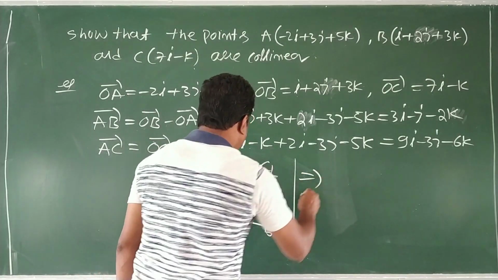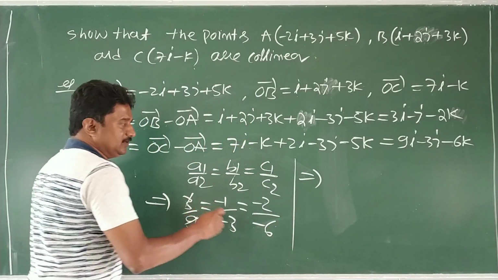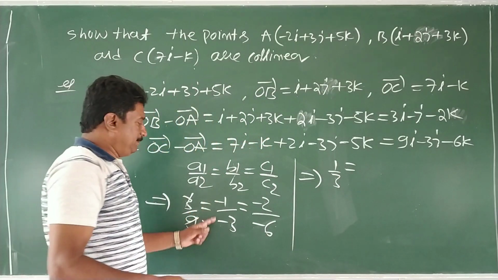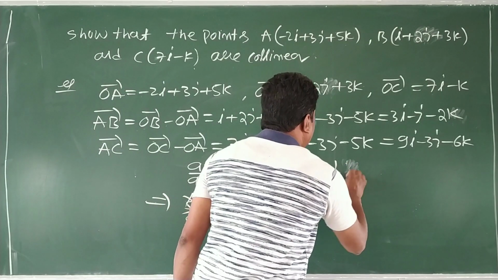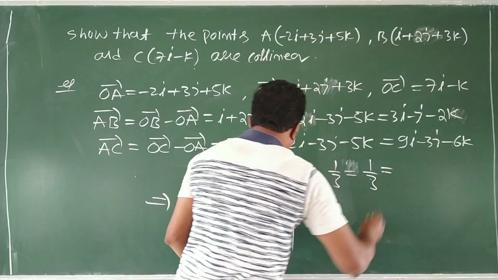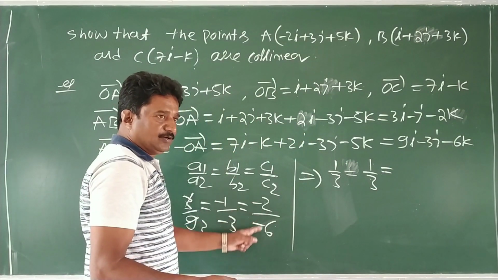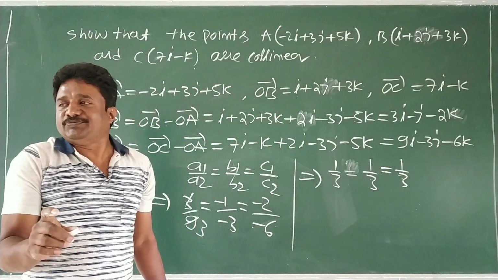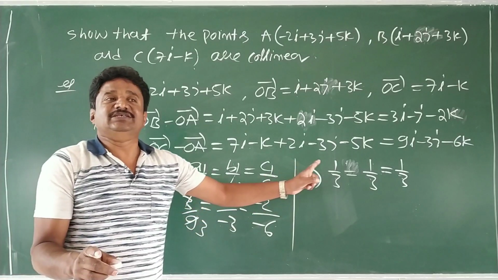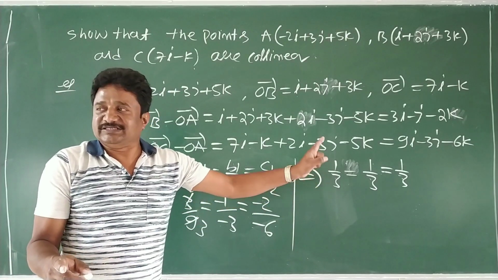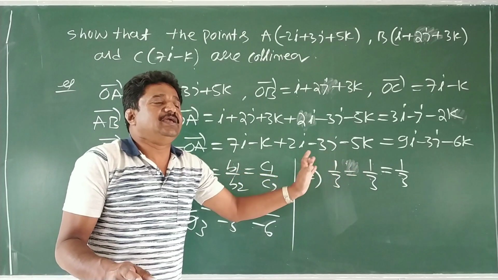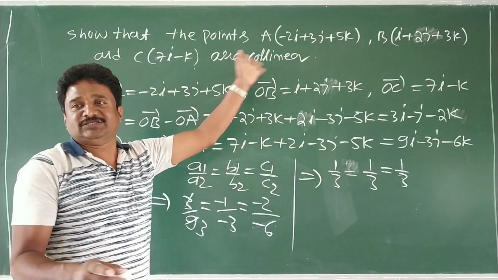So that implies 1 by 3 is equal to 1 by 3 is equal to 1 by 3. Is the condition satisfied? Yes, the condition is satisfied. What does it mean? DRs are proportional, which means the points are collinear.